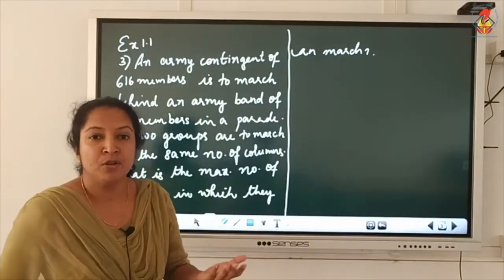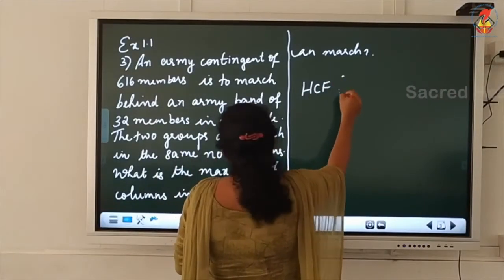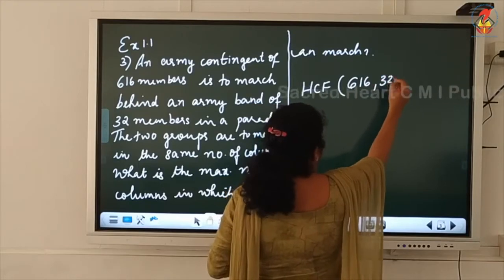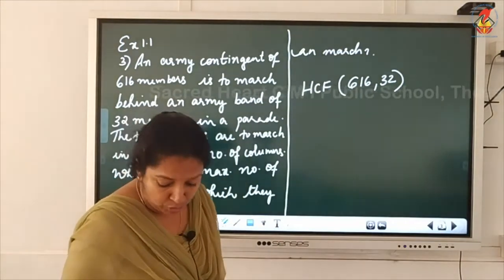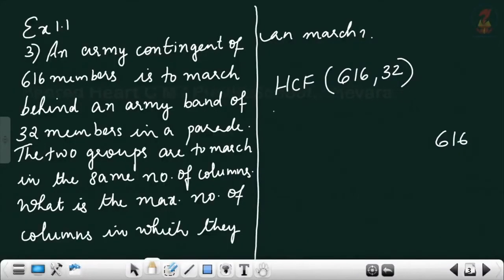Maximum number of columns clearly means HCF. HCF of 616 and 32. 616 is greater than 32. So, we can write 616 in terms of 32.